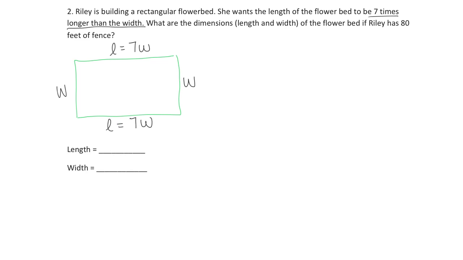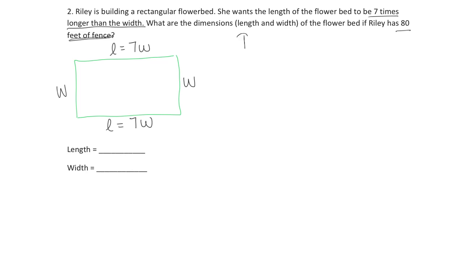Now for the border of her flower bed, she is going to be using part of a fence. In our problem, it tells us that she has 80 feet of fence to use. So that is going to be the total amount of our perimeter because again, we're trying to find the border, which means that we are going to be trying to find the perimeter.